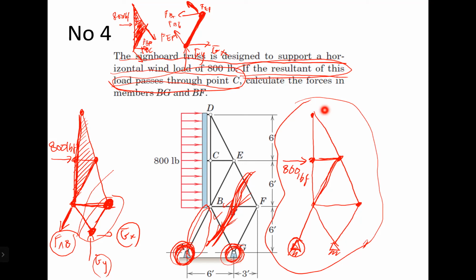Because AB is a two force member, it gives only a force along AB. So at point A, the force will be in the direction of AB. That's why we can delete AB and replace it using an external force. It's always that way.